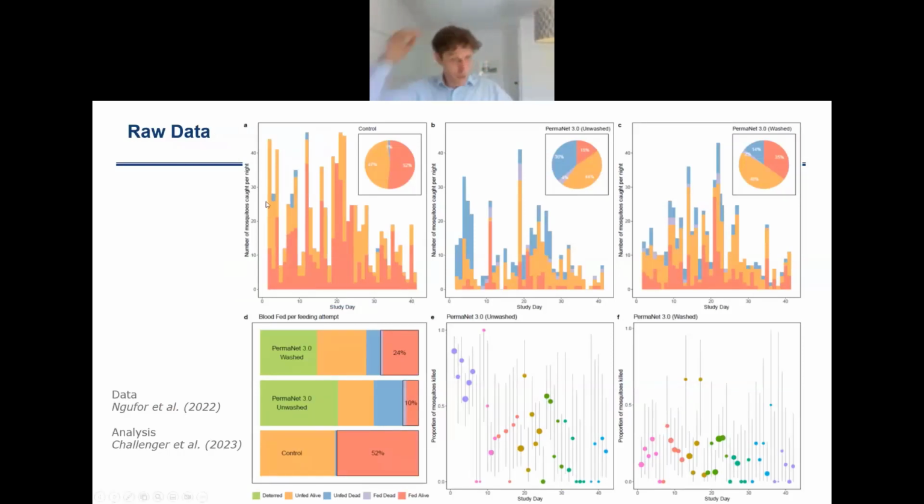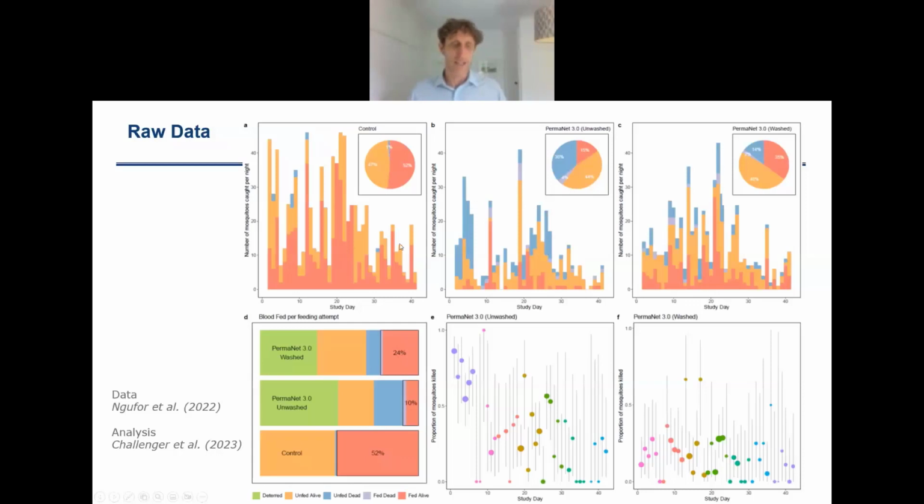This study went over 40 days, and you can see the number of mosquitoes caught per night and what status they're in. This is a control intervention, so no intervention, and this is a type of net that has insecticide on it.